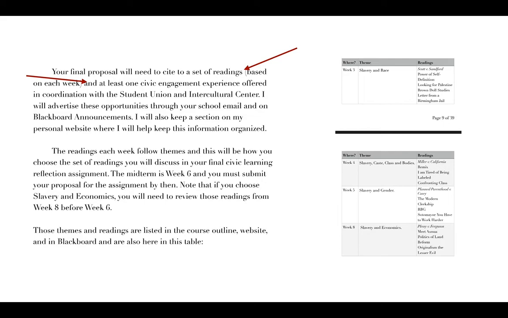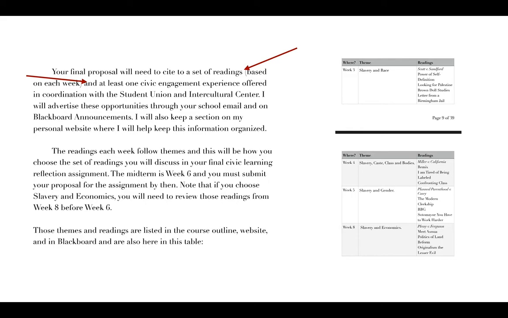Now, as you can see, right, you don't have to have completed week 8's readings already if you're interested in issues like poverty, homelessness, land, housing, those kind of economic issues. You just have to know that those are the set of readings that you're going to use, and you have to try to focus on those activities that kind of come available.